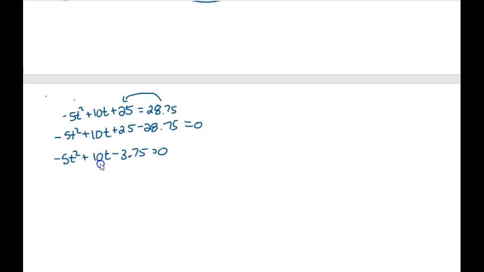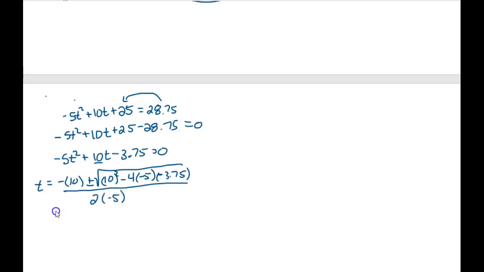We don't have a common factor to take out here, so we drop right into the quadratic formula. So negative b, your b value is 10, plus or minus the square root of b squared, subtract 4 times a times c, all over two times negative 5.